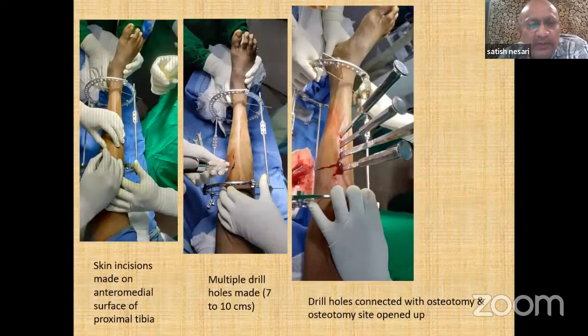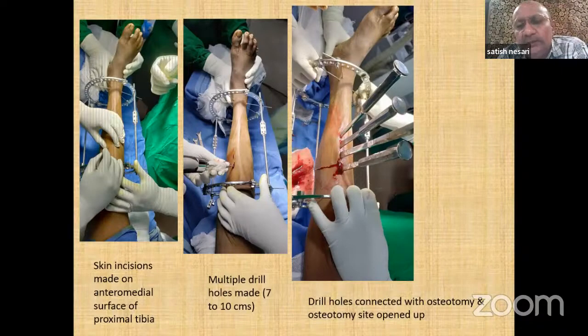My way of doing the osteotomy, what my mentor has taught, is I make multiple skin incisions on the anteromedial aspect, weaken the anteromedial border of the tibia with multiple drill holes, and then with the help of 4 to 5 osteotomes, I just connect the multiple drill holes in this manner, as you can see here.